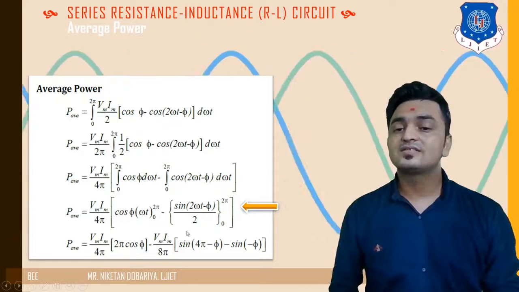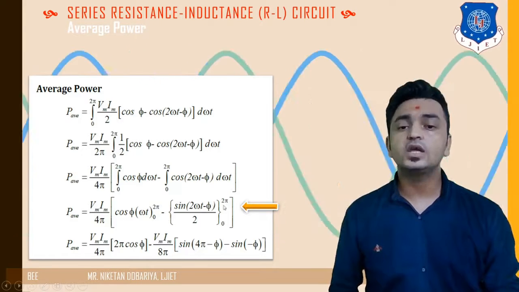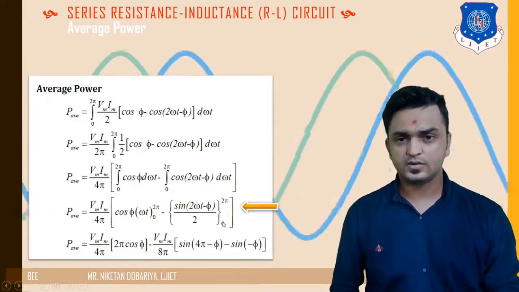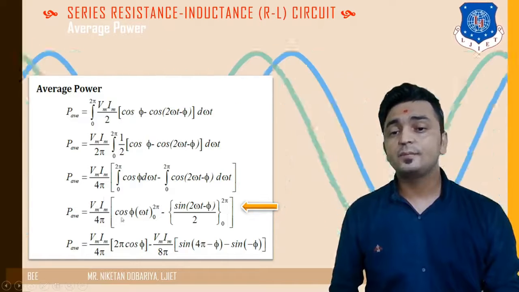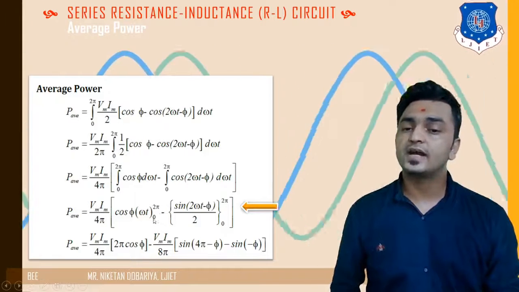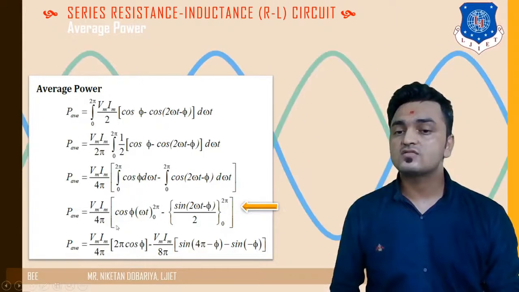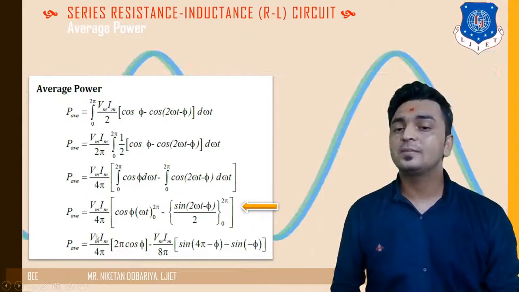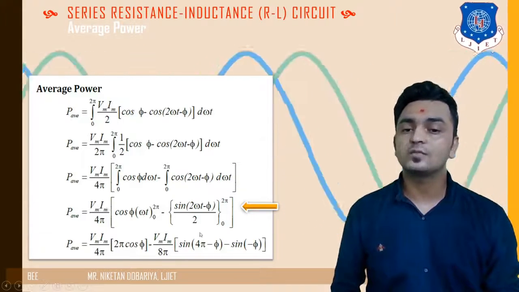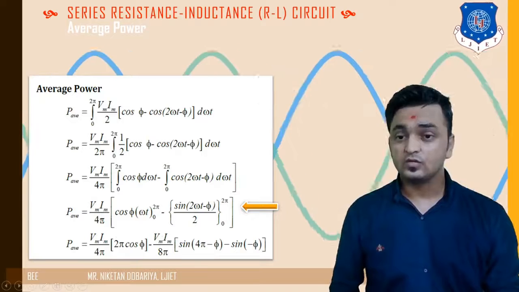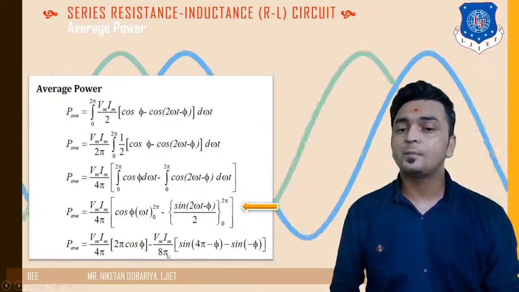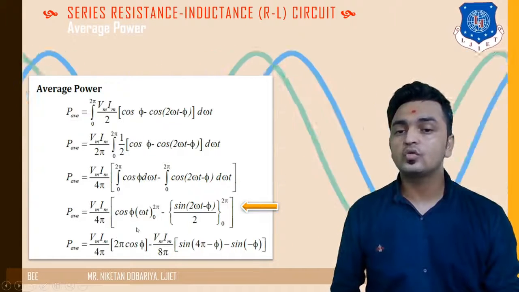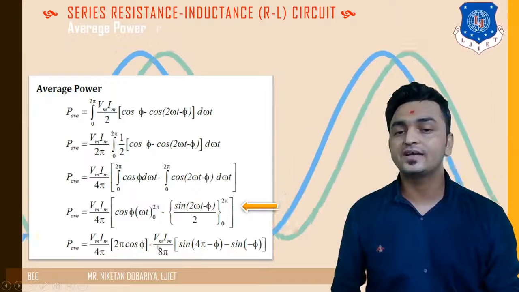Now for the second term, first we multiply the constant inside the bracket: the constant goes with the cos phi term, and again with the second term. As a constant, this is Vm Im by 8 pi, since 2 was here and this was 4 pi, so we get 8 pi.